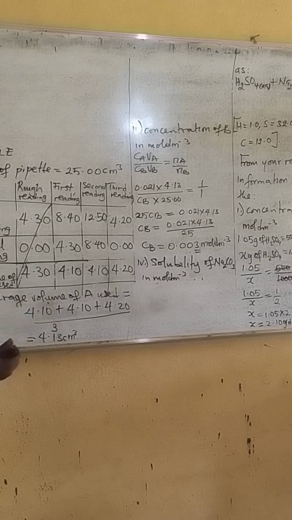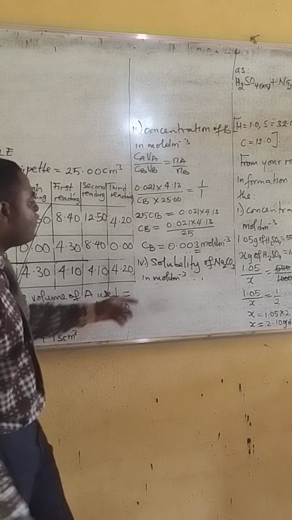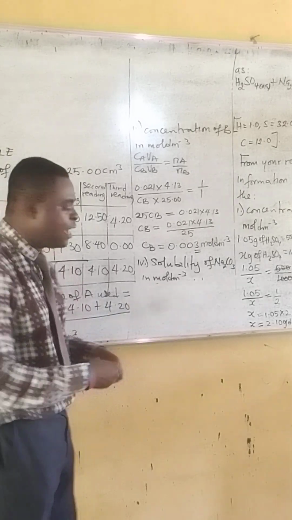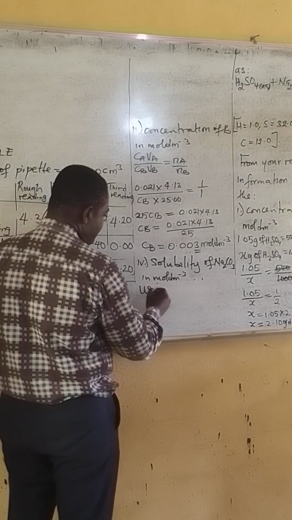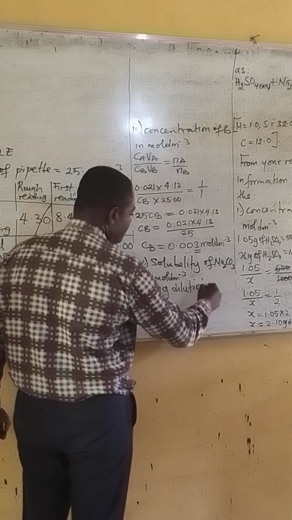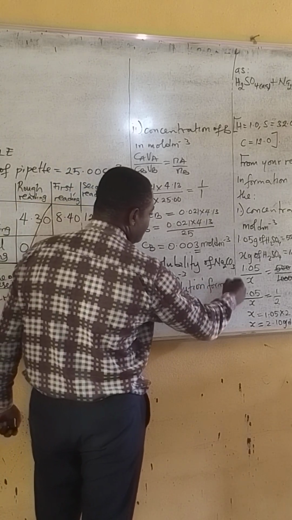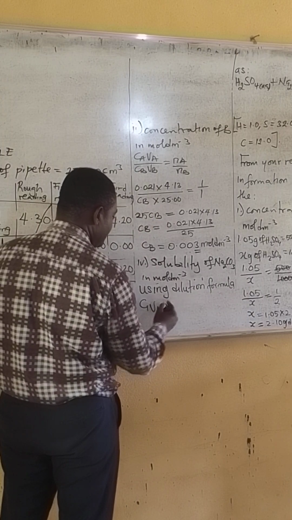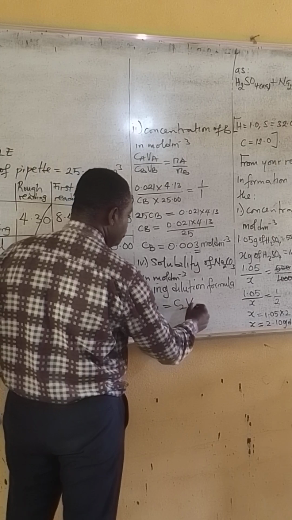We have done that. The next question is to find solubility of Na2CO3, and you want it in mole per dm3. Here we are going to use dilution formula. Using dilution formula. Dilution formula is C1 V1 equals to C2 V2.